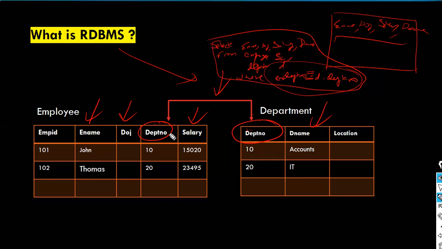At this moment, you just think that to retrieve the data from more than one table at a time, you need to create the relationship between the tables based on the common column. This is what we call the relational database management system. Not only do we store the data, at the same time we create the relationship between the tables explicitly.